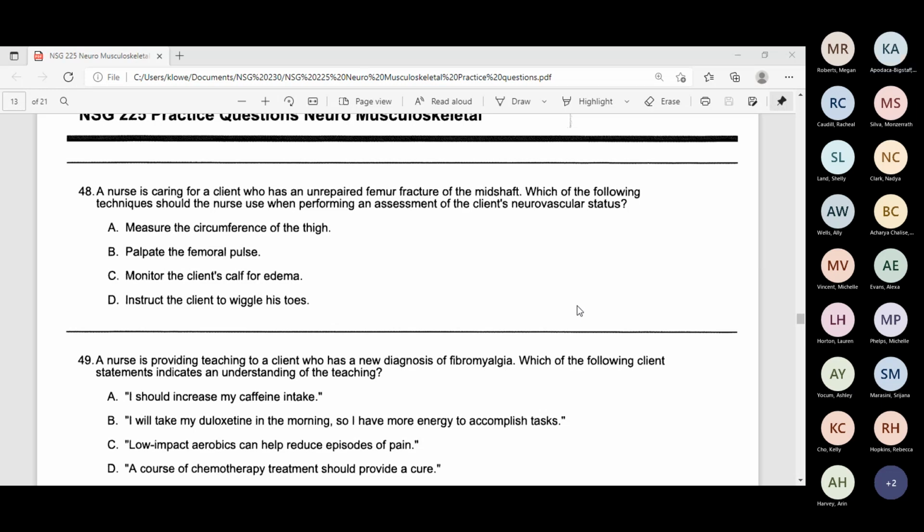Well, if we're looking at neurovascular status, we're usually thinking about the distal most point from the injury. Wiggle his toes, yes. We want to know if there is blood flow and nerve conduction all the way down. So wiggling the toes.